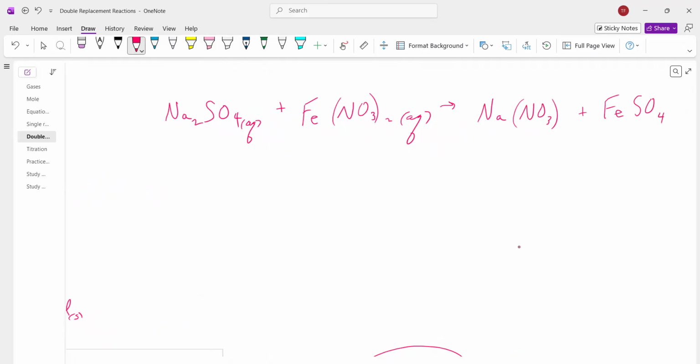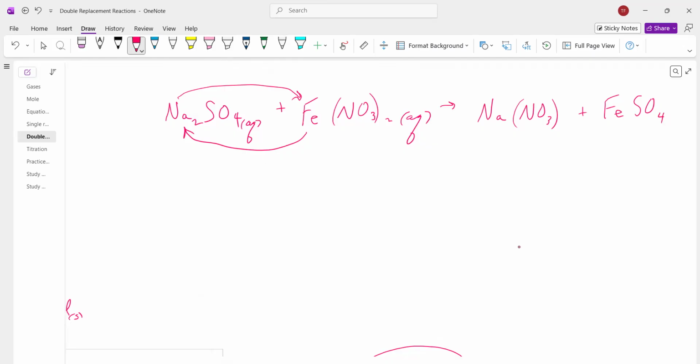Just swap the cations. This cation goes there and this goes here. That's where the double replacement comes into play. Sometimes it's called double displacement also.